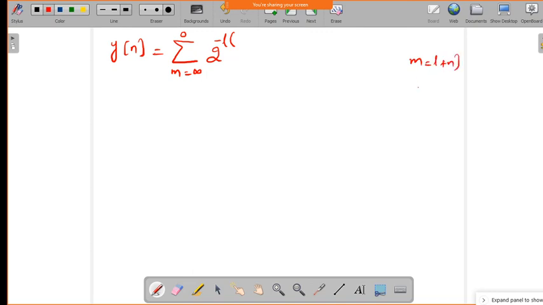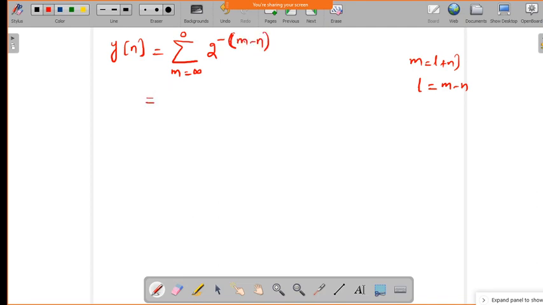So l is nothing but m minus n, and we replace minus l by that, giving 2 power minus l equal to 2 power minus of m minus n.